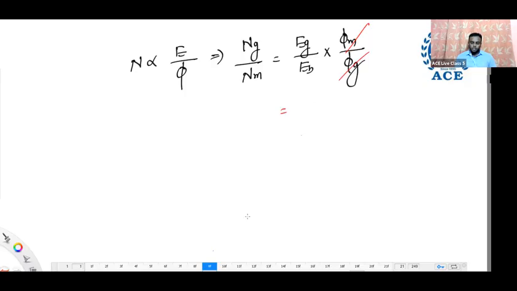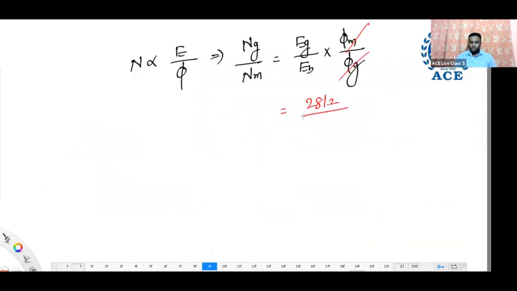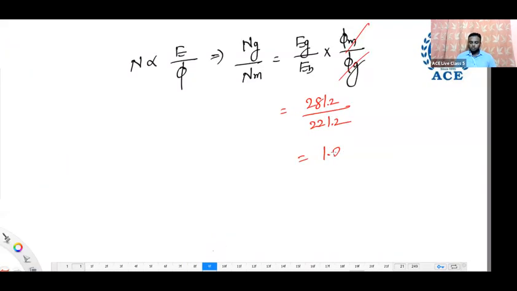Now the ratio: Eg, how much? 281.2. Eb, how much? 221.2. Then calculate, you will get 1.27.